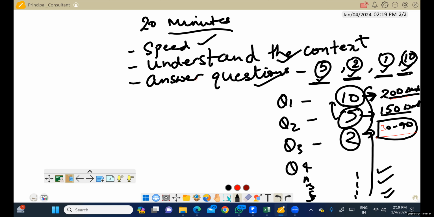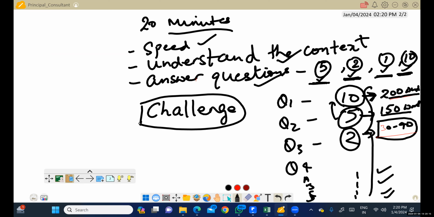Now, what happens? Where do we fail? Tell me, Nishant, where do we fail? What challenge do you face when you are doing a comprehension? What challenge do you face when you are writing a comprehension, beta? So we have to make a paragraph and we do not get the answer from the paragraph.